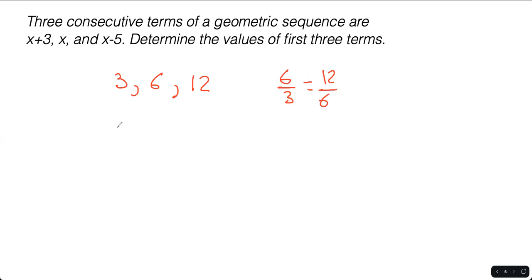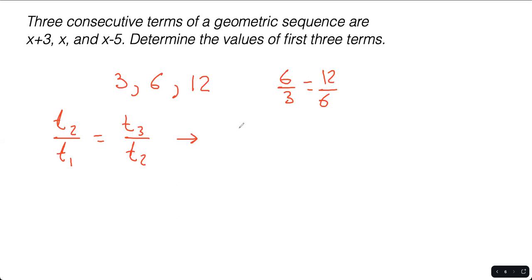So can we say that the second term divided by the first term equals the third term divided by the second term? We're going to use this analogy, because this is the first, this is the second, this is the third term.